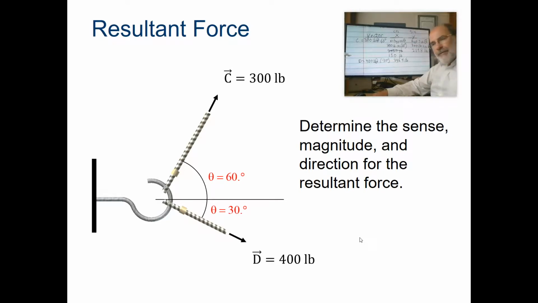So the sine of 30 degrees is the negative of the sine of negative 30 degrees. Go figure. And while we're at it, the sine of 30 degrees is 1/2. And therefore, for vector D, if you want to bother using your calculator, you're going to type in 400 sine 30 degrees, enter. And sure enough, you should end up with 200 pounds.